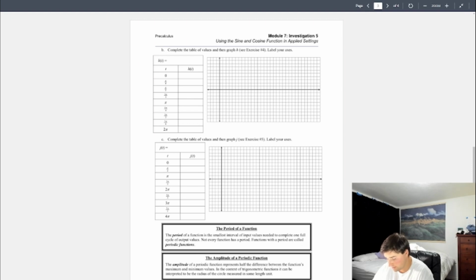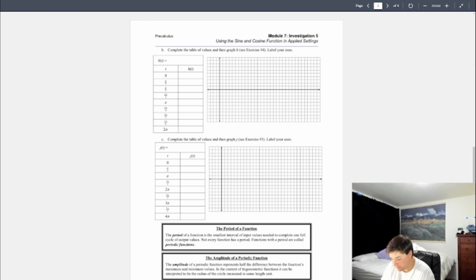Yeah, because it's not as easy. 1.62 is the distance at pi over 2. Oh, it's half as slow.